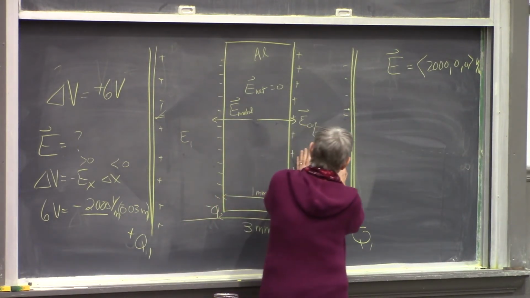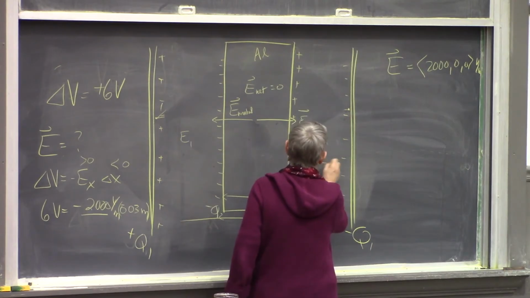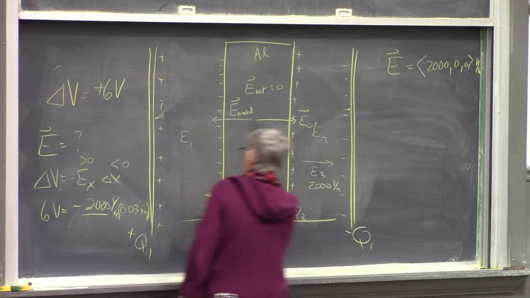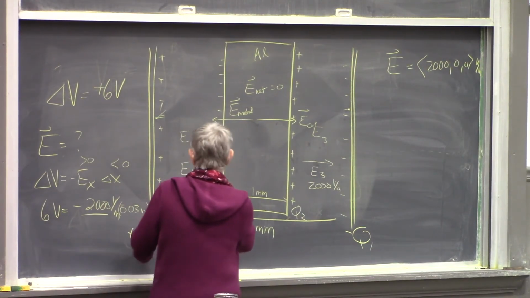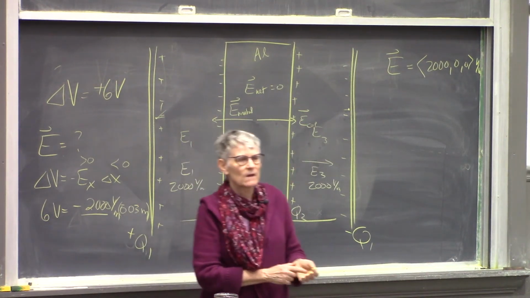Because here are these charges. So we still have a field of Q1 and a plus Q1 and a minus Q1, okay?